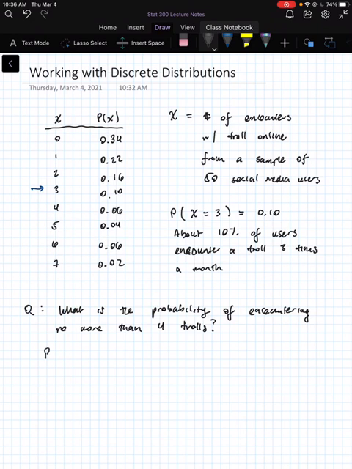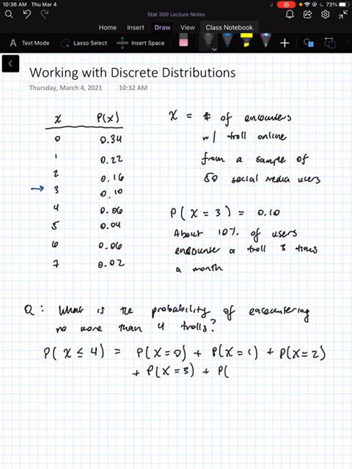So we're asking for the probability that x is less than or equal to 4, which if we're writing that out, literally we're saying the probability that we encounter none plus the probability that we encounter 1, and so on until we have all the possible outcomes up to and including 4.